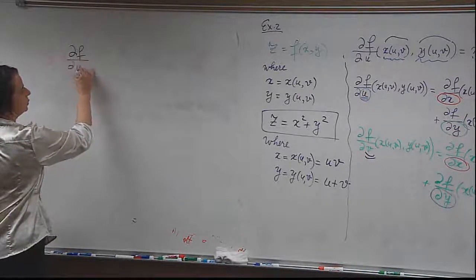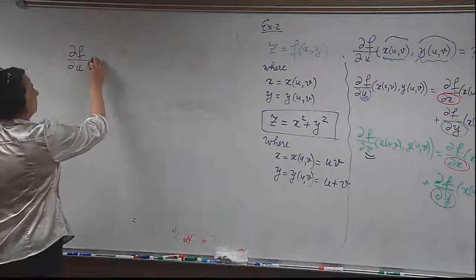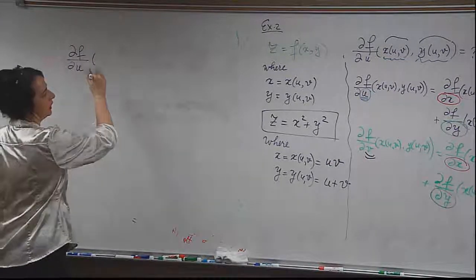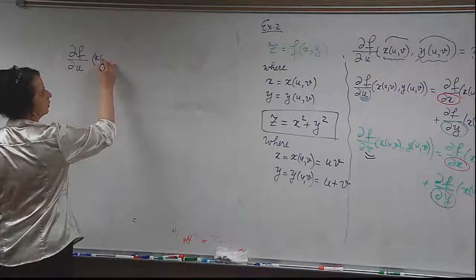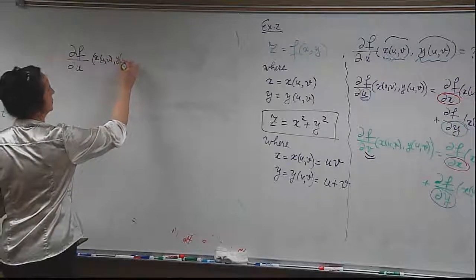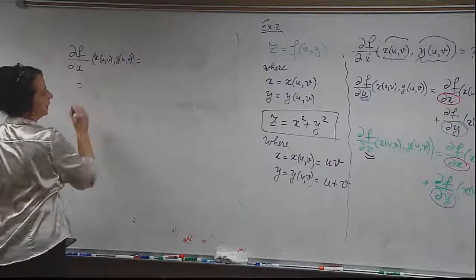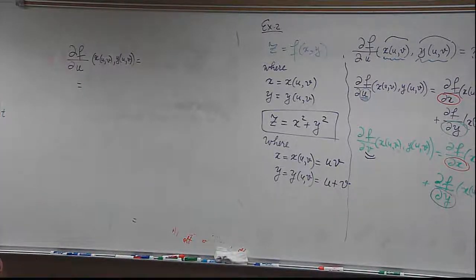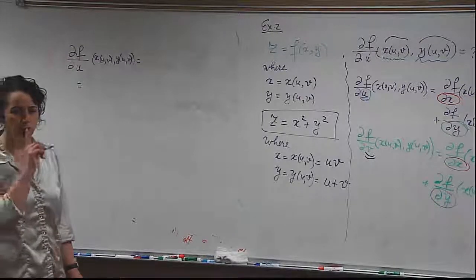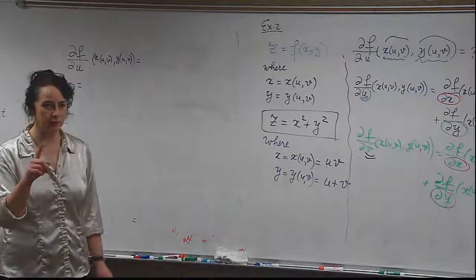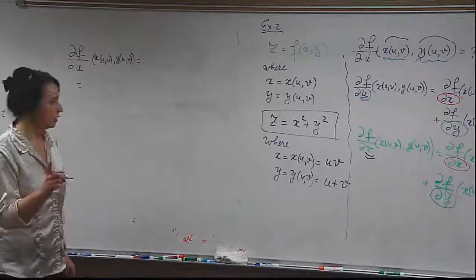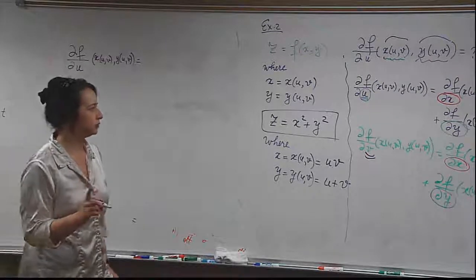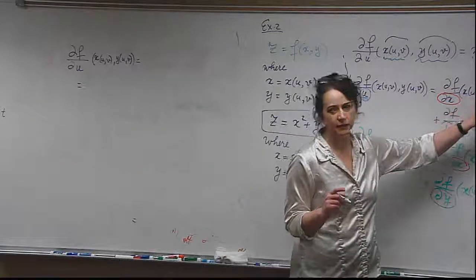df du at x of uv, y of uv will be what? Now, people help me please. I want to teach you how engineers and physicists very often express those at x and y.